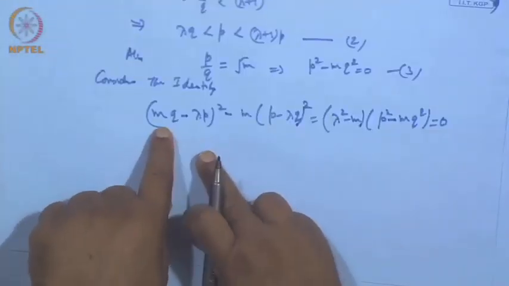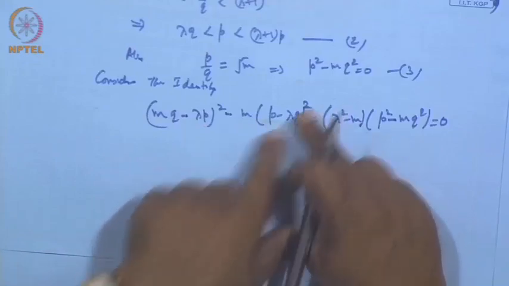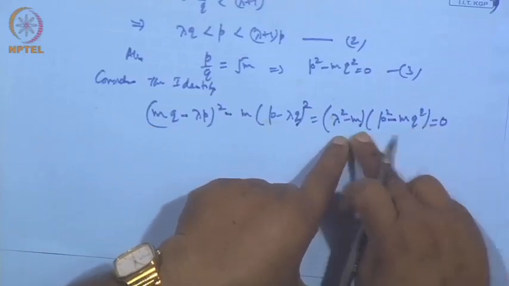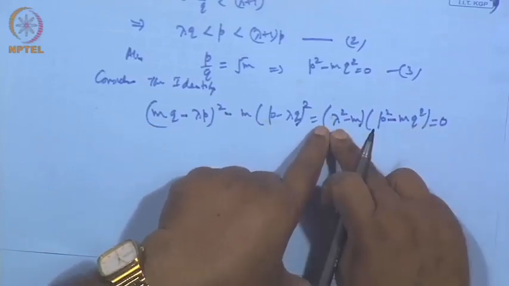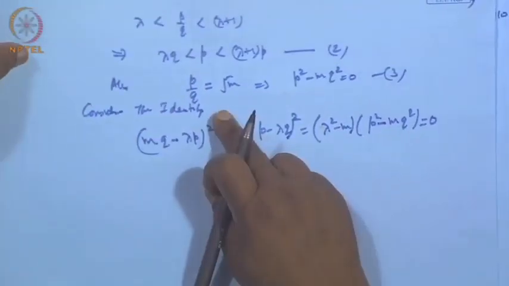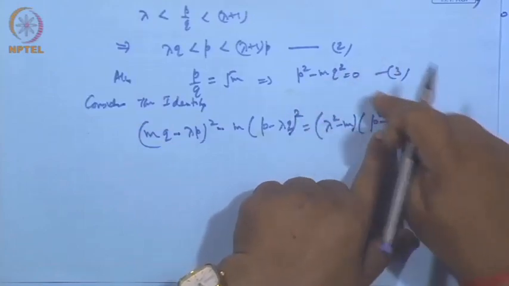This expression, (m q minus lambda p) whole square minus m times (p minus lambda q) whole square, I just open it and rearrange in this form, then you get this expression. But lambda square is m, because p square minus m q square is 0.